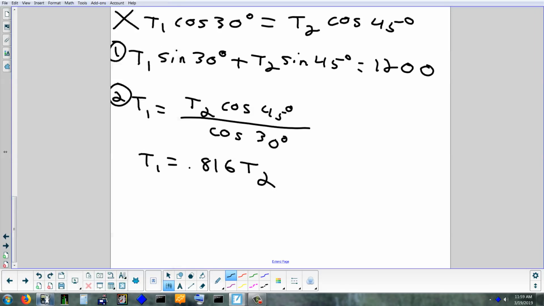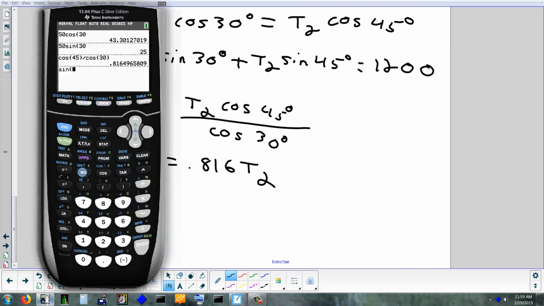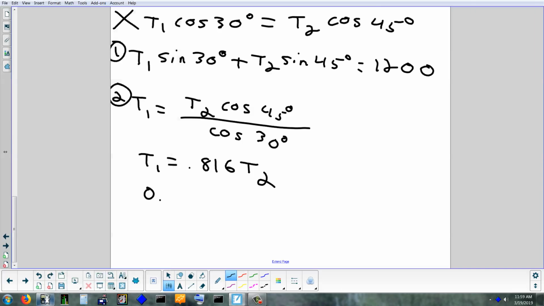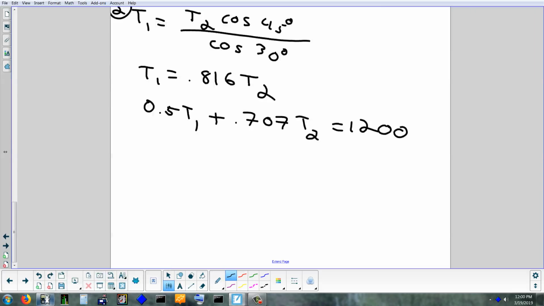All right. So we got that. And let's take the other equation and change that to decimals. So now we're going to have, let's see, sine 30 is 0.5. So 0.5 T1 plus, I know sine 45 is 0.707 T2 equals 1,200. Now, what would I do with that?